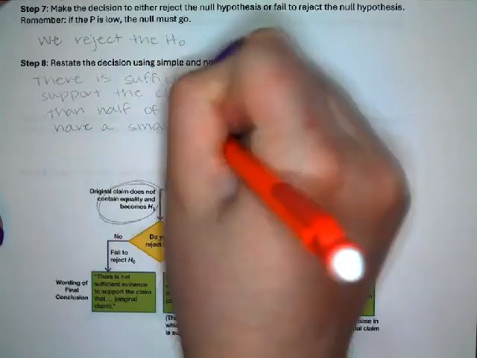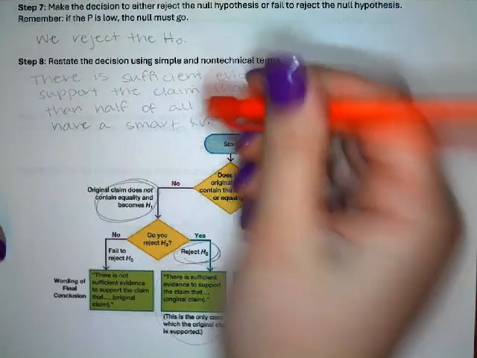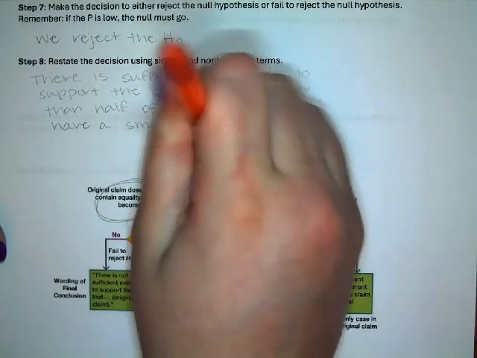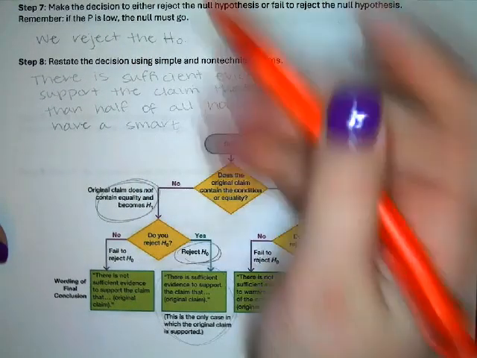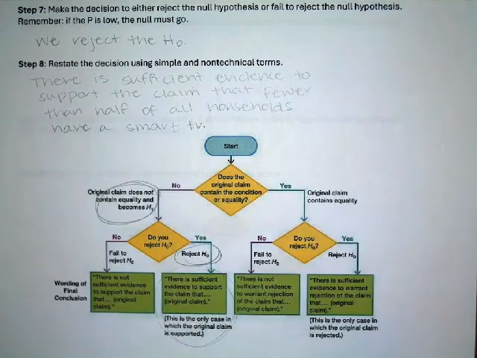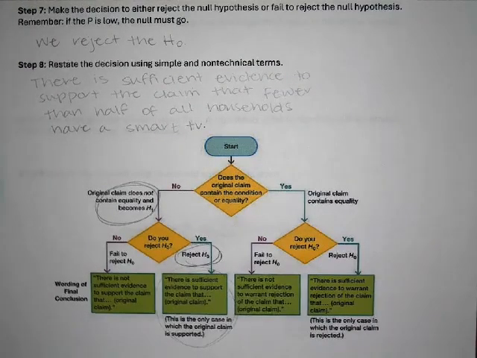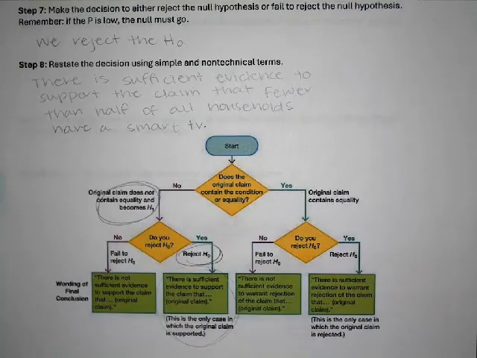Since we rejected the null hypothesis, that means that we are saying that there's evidence to believe the alternative hypothesis. And the alternative hypothesis was that the proportion was less than 50%. So there is sufficient evidence to support the claim that fewer than half of all households have a smart TV.